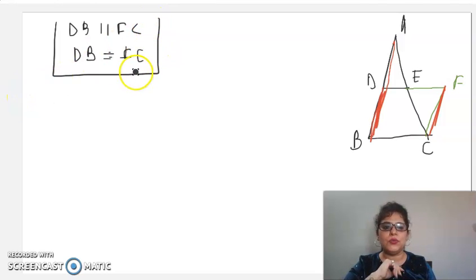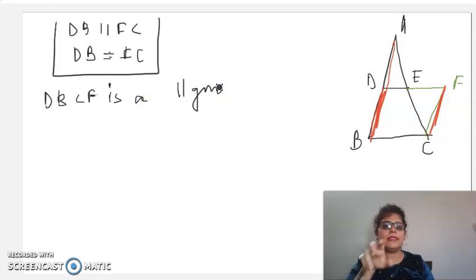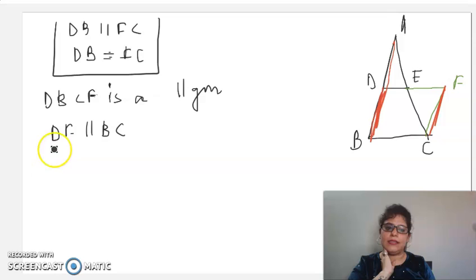So we can say that DBCF is a parallelogram. Now, if DBCF is a parallelogram, can we say that DF is parallel to BC? DF will be parallel to BC and DF will be equal to BC.